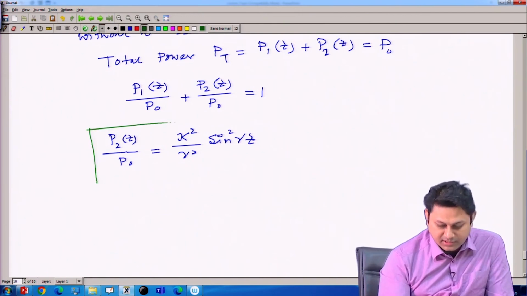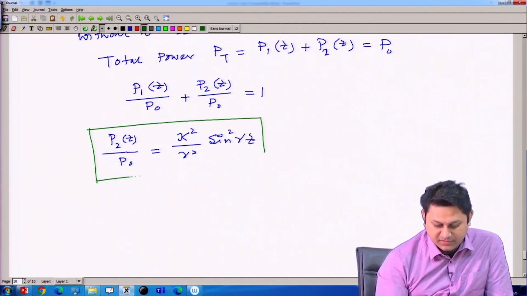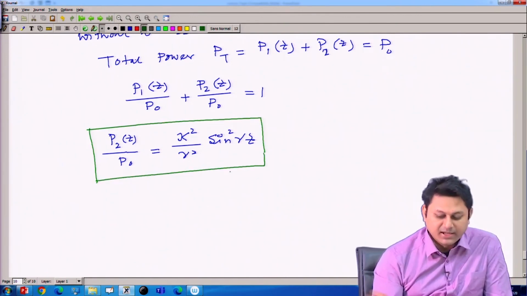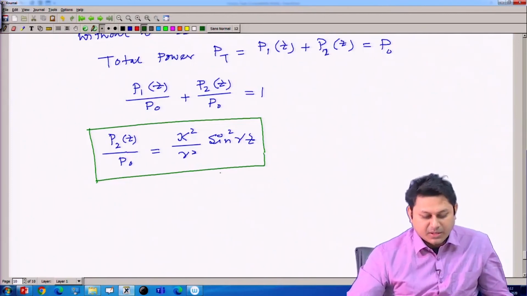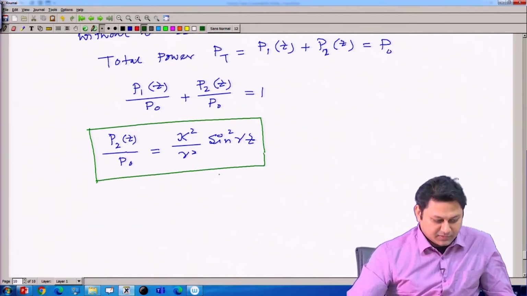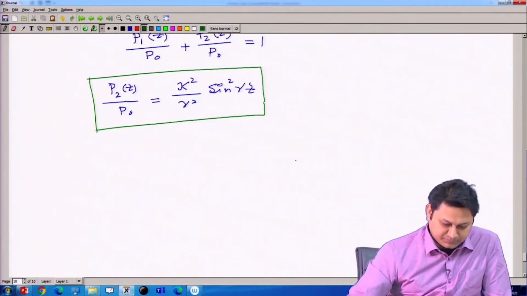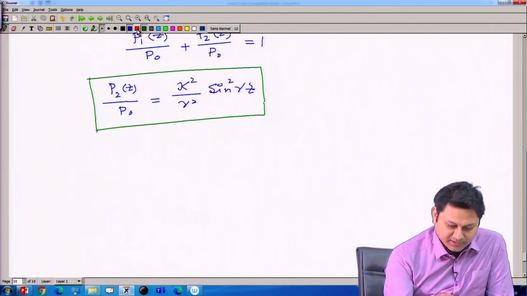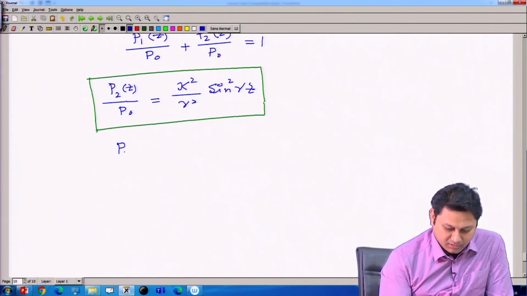These equations suggest how the power is going to exchange from one waveguide to another waveguide, and we find that this power is going to exchange in a sinusoidal fashion. So, let me write down the two equations side by side once again.